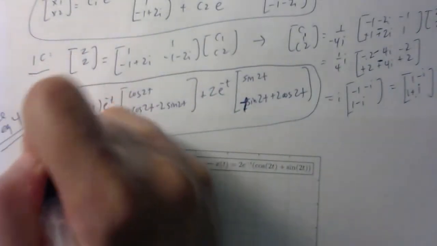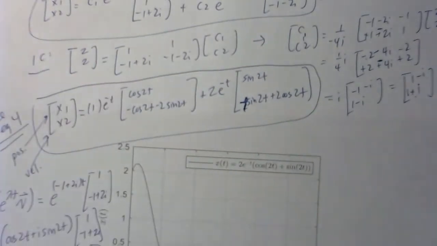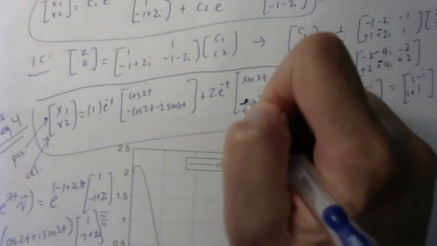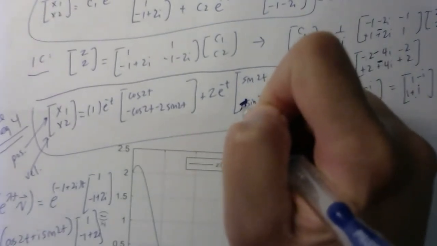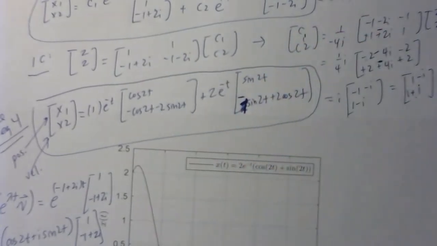This equation is for the position. This equation is for the velocity. Now I know the full story. This is a little hard to see. Scratch that all out, just a minus sine 2t. So hopefully that is clear.